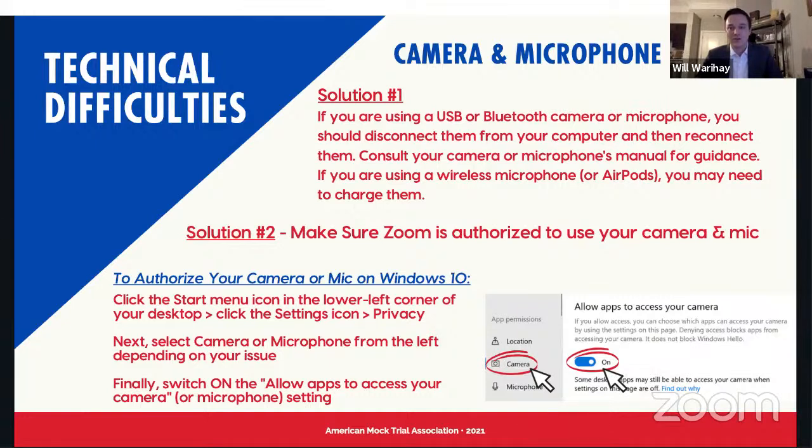Certainly consult the specific guidance from the device that you're using on how best to do that. But if you're using a wireless microphone or AirPods, obviously make sure they're charged before the competition, recharge them between rounds while you're eating lunch, those sorts of things, to make sure they don't die on you mid-trial.